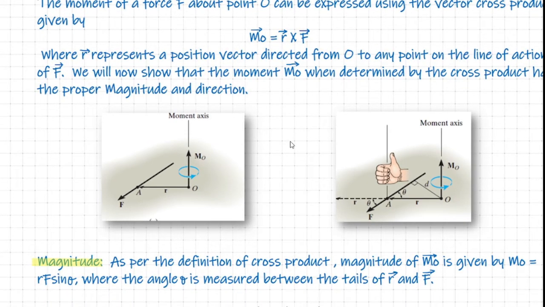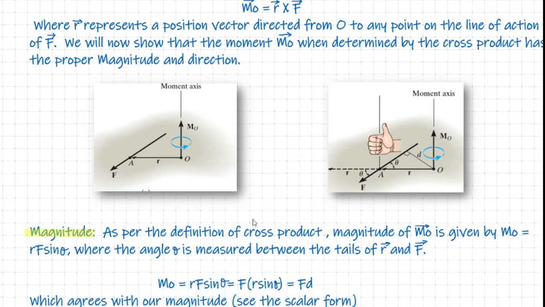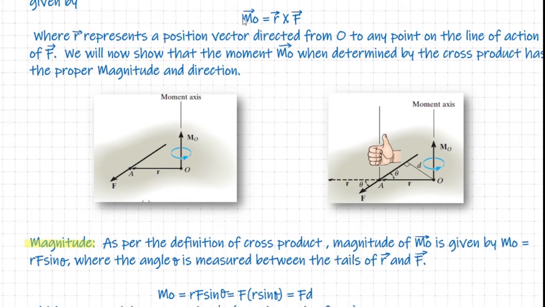As per the definition of the cross product, if vector MO is written as vector R cross F, the magnitude of MO is equal to the magnitude of R, into F, the magnitude of my force, into the sine of the angle between their tails.